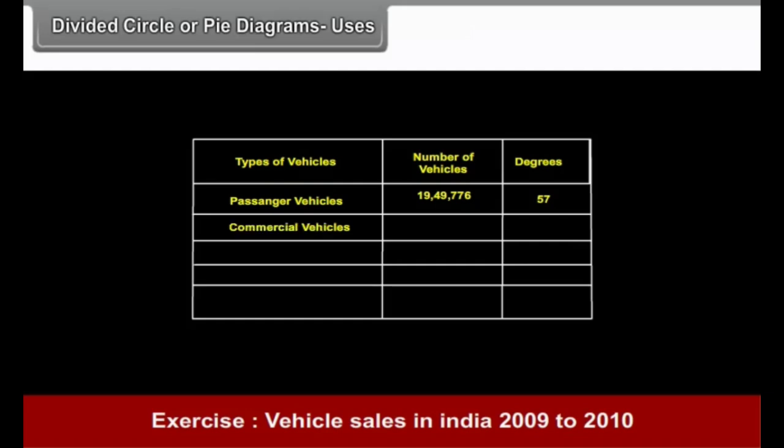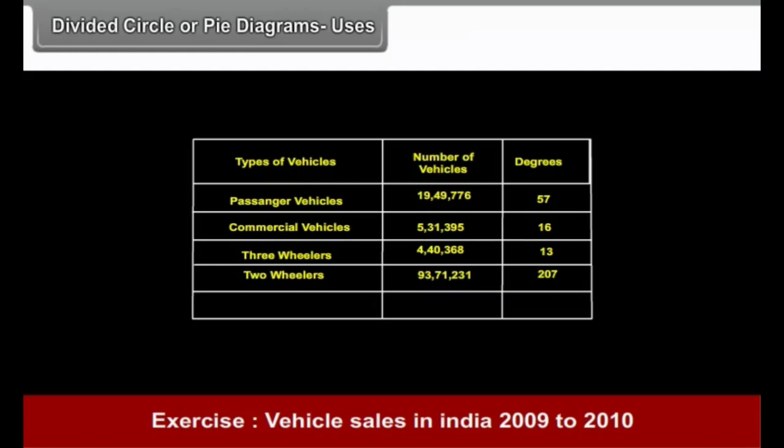Commercial vehicles, 53 lakh 1,395, 16 degrees. 3 wheelers, 44 lakh 368, 13 degrees. 2 wheelers, 9 crore 37 lakh 1,231, 274 degrees. Total 12 crore 29 lakh 2,770, 360 degrees.